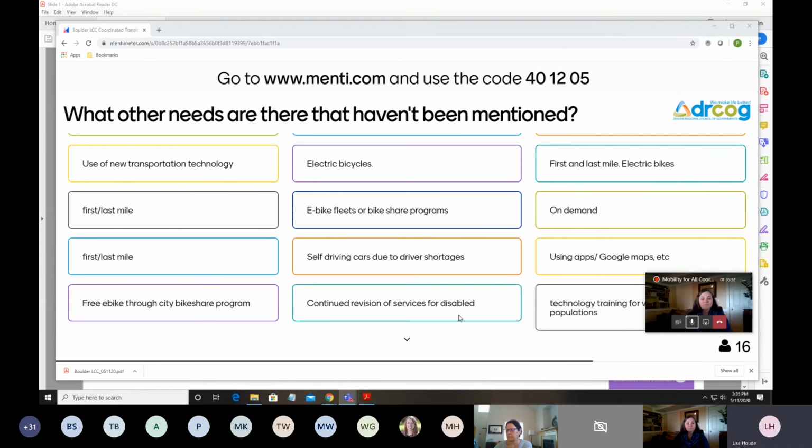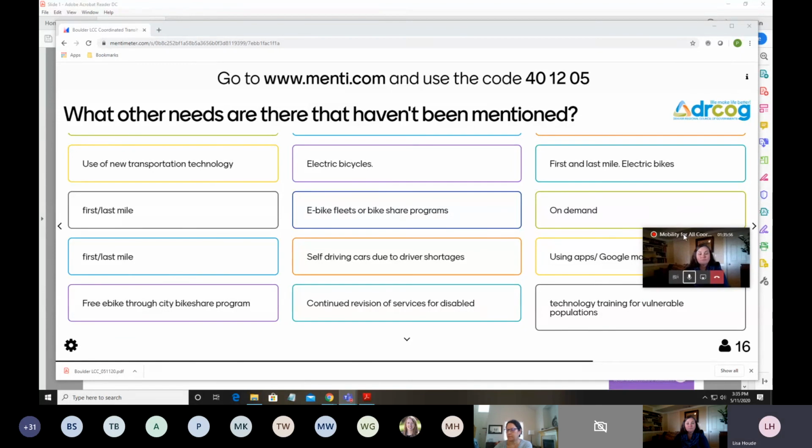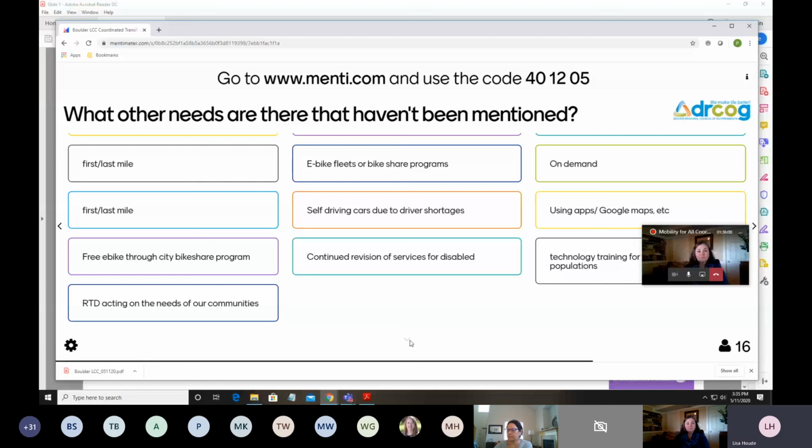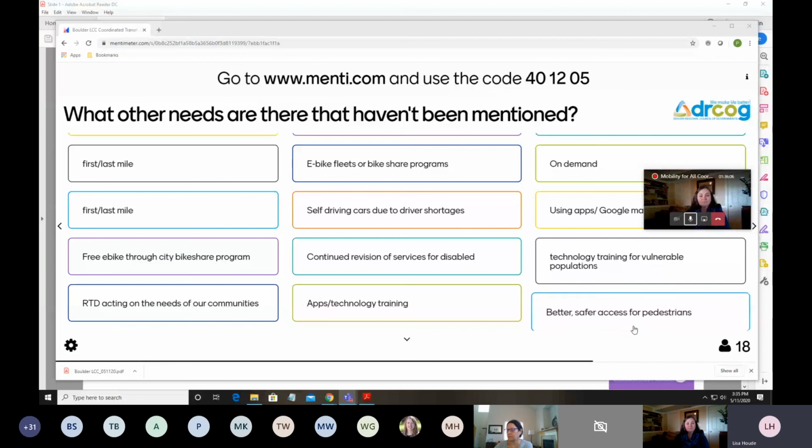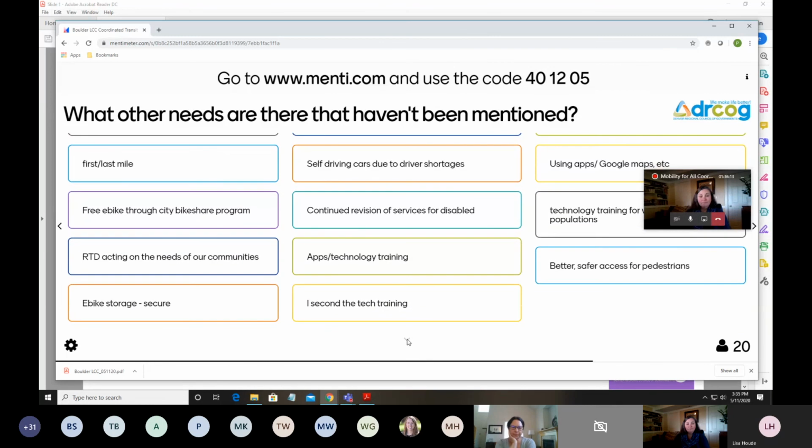Continued revision of services for disabled. Technology training for vulnerable populations. RTD acting on the needs of our communities. Apps and technology training, lots of technology. Better, safer access for pedestrians. E-bike storage, secure storage.